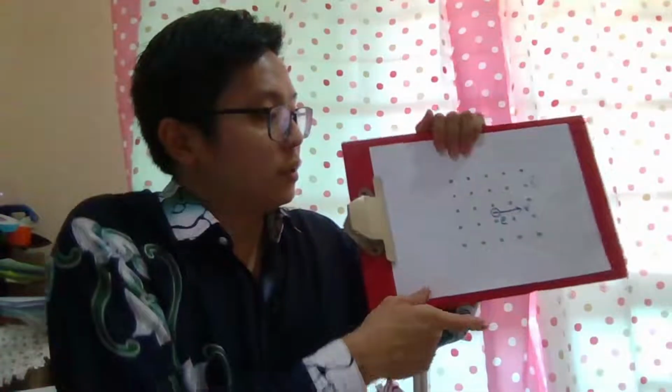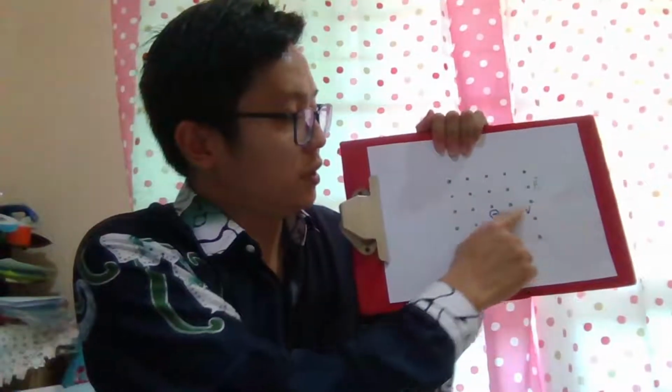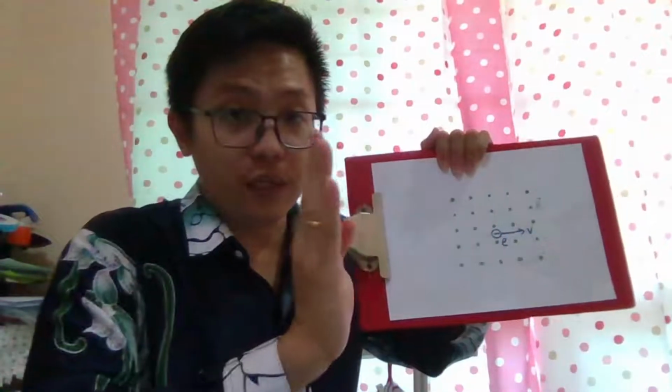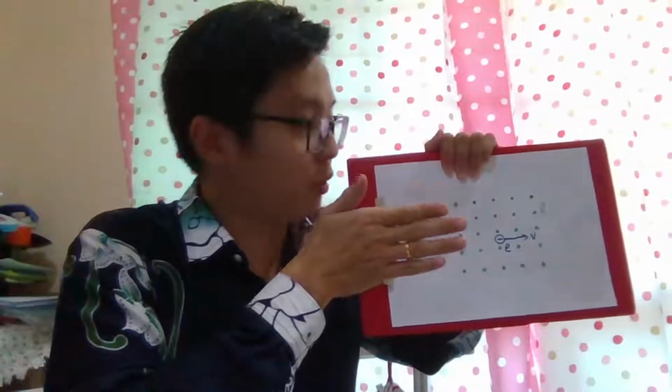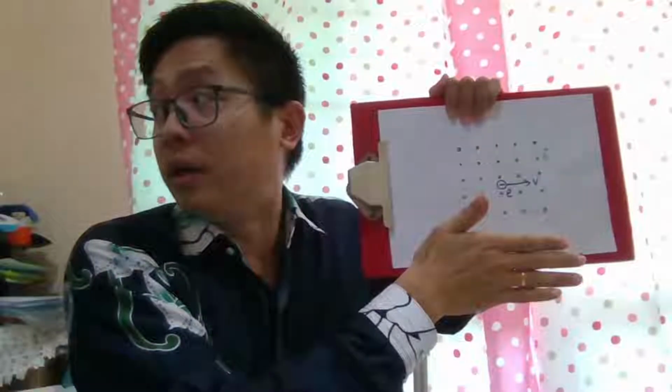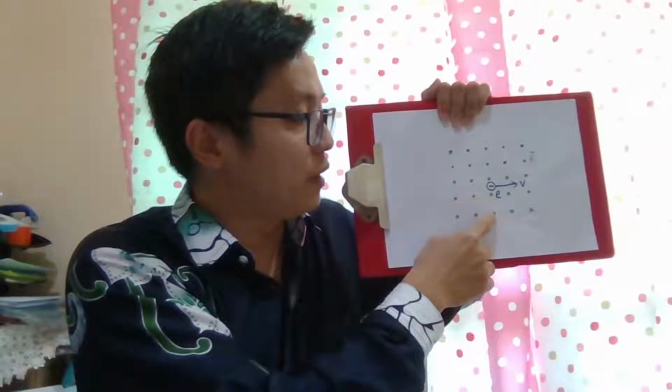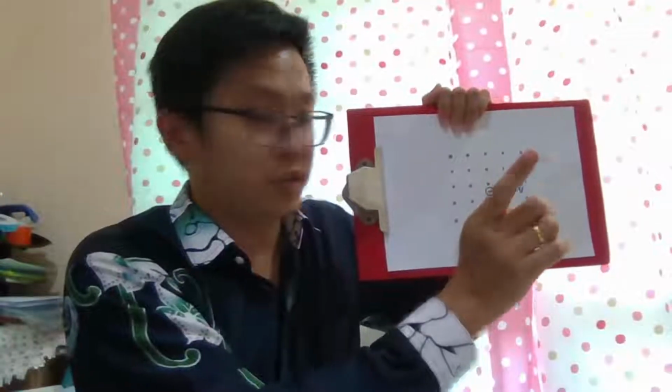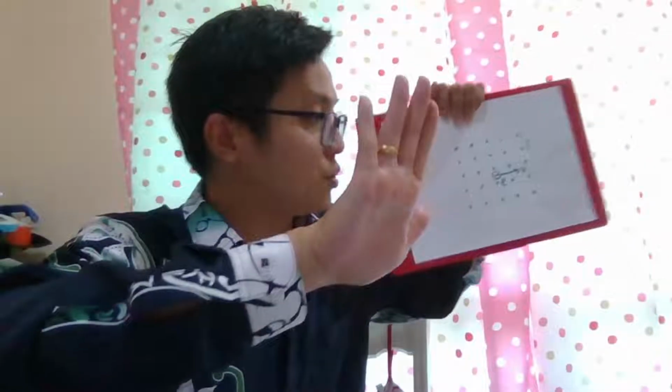Velocity is the forefinger, so my forefinger should point to the right. The magnetic field is going out of the page, so my palm should point out of the page.